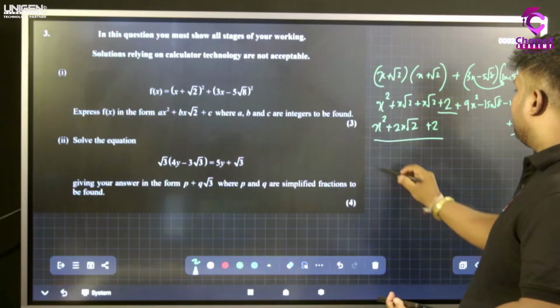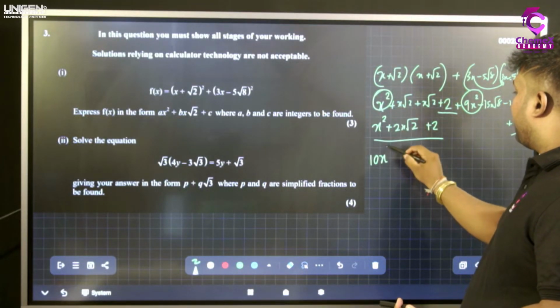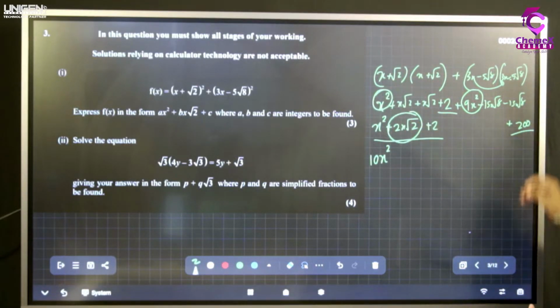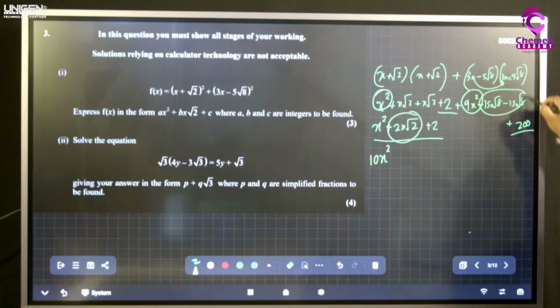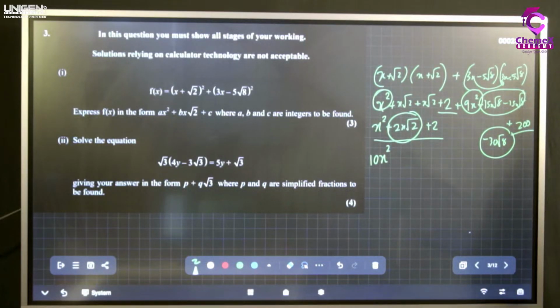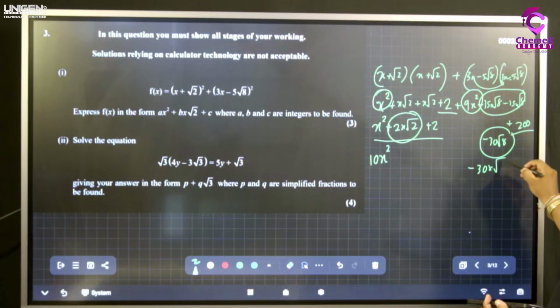Now is the tricky part. Add the like terms. So I can add these two, that's going to be 10x squared. Next, 2x root 2 and minus 30 root 8 terms. I know you know that you can break root 8 in terms of root 2, right? 30 into root 4 into root 2. So what is that going to be?